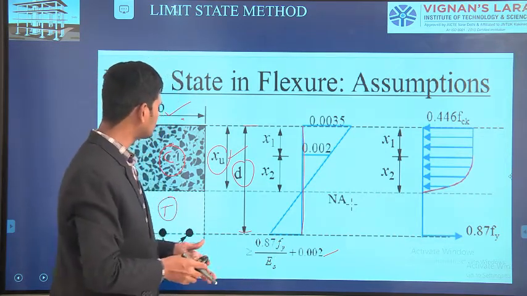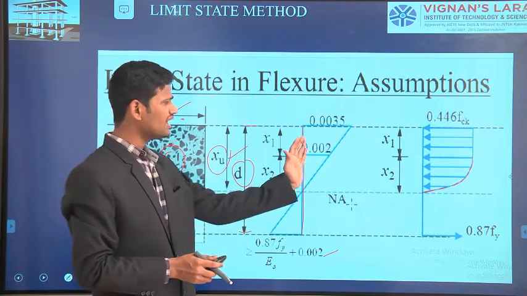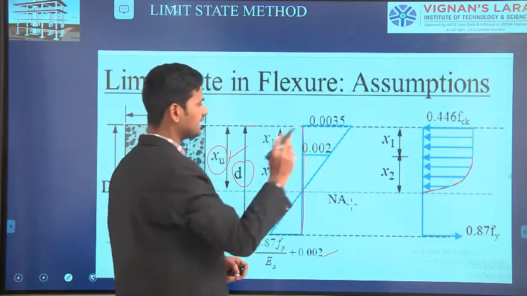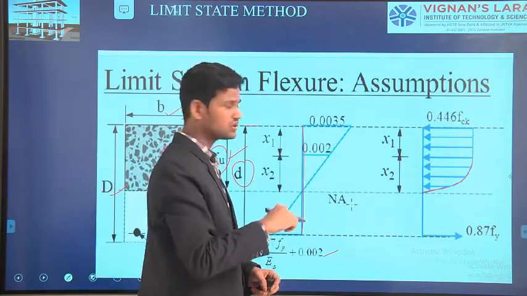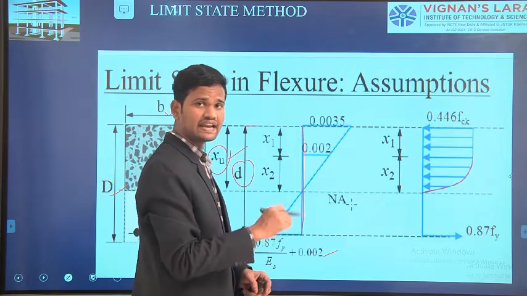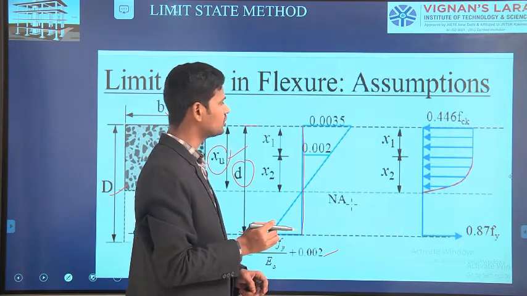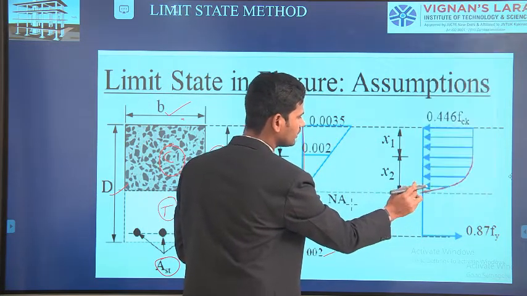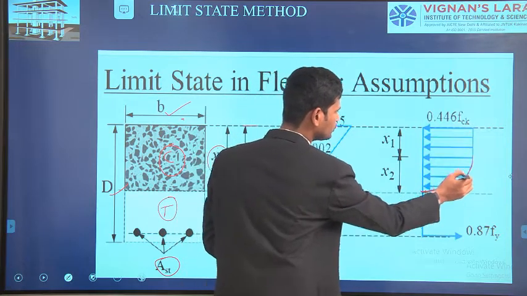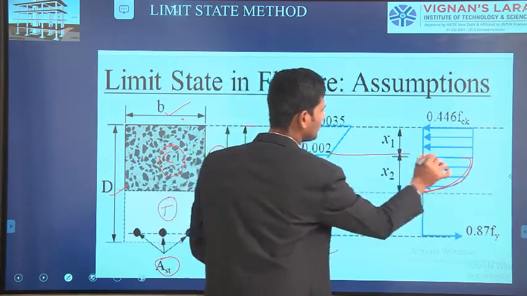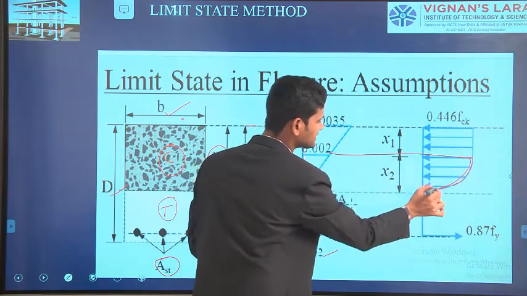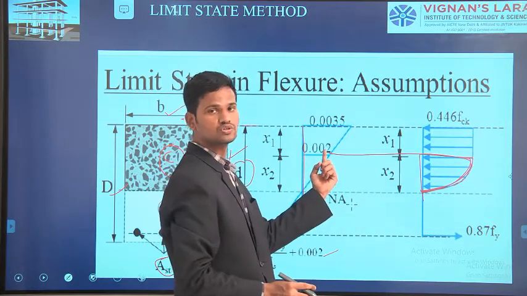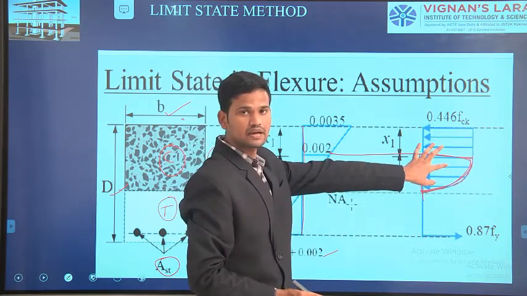From the third assumption, about the stress block parameters, the stress block is parabolic from the neutral axis up to the strain of 0.002 and rectangular up to the strain of 0.0035. That means from the neutral axis to the strain of 0.002, the stress block is parabolic in shape.